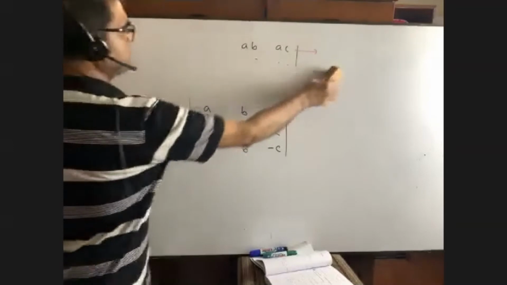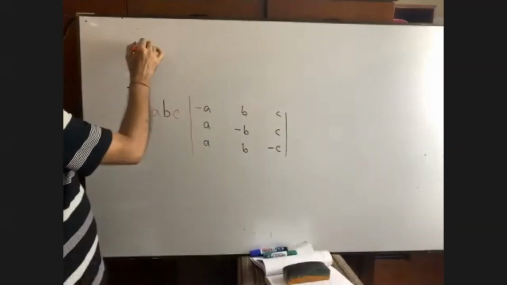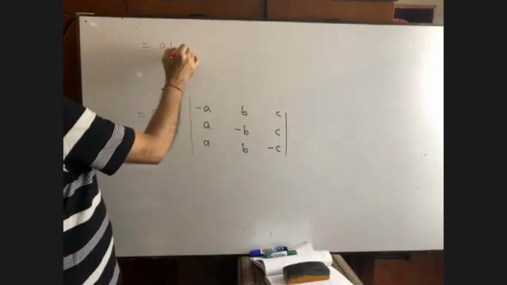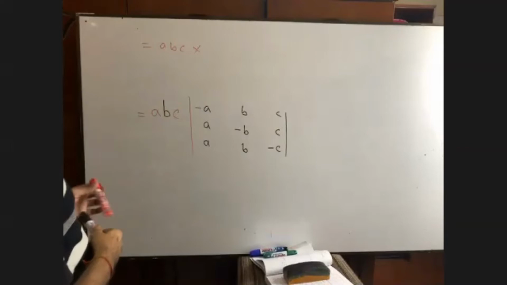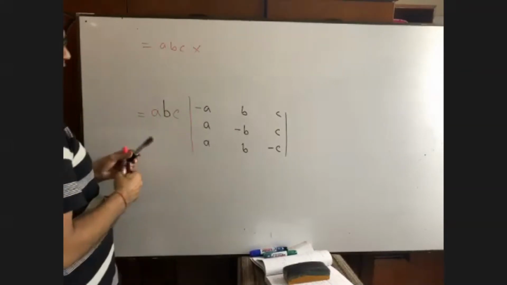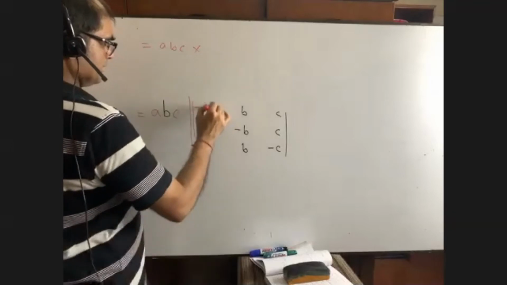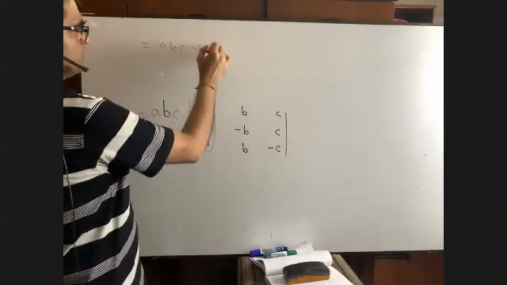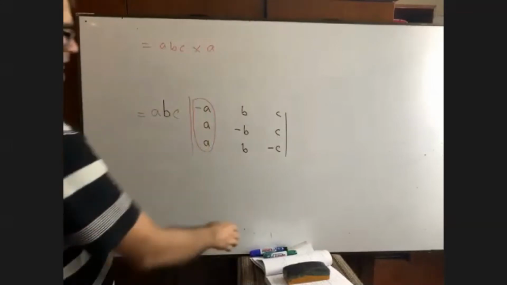Now you again see here it is ABC. Now, dear students, from this first column we can take A common, right?